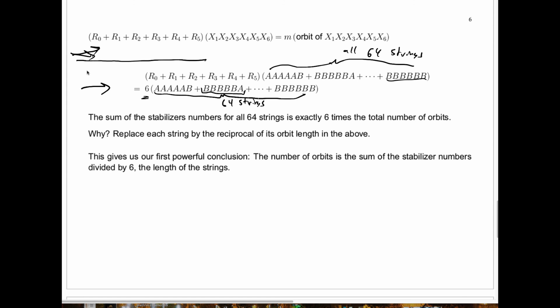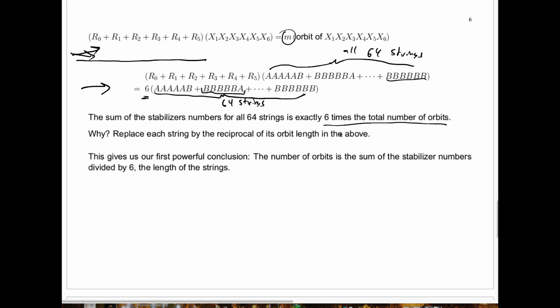I claim that this tells you that the sum of the stabilizer numbers m for all the 64 strings has to be exactly 6 times the total number of orbits. Why? Just take each of the 64 strings and replace it by the reciprocal of its orbit length.